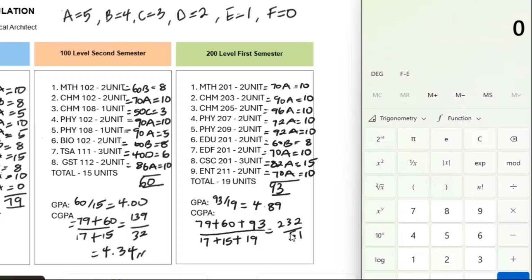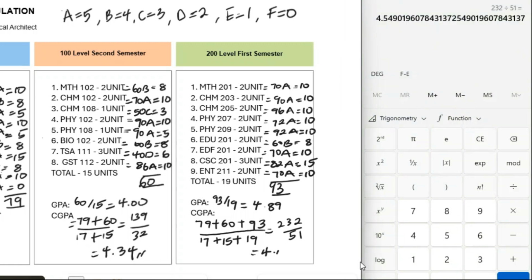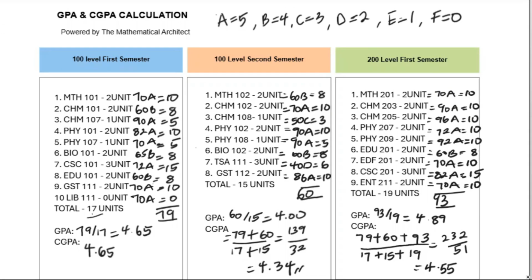So 232 divided by 51, that will give us 4.55. So it means that your CGPA at 200 level first semester is going to be 4.55.